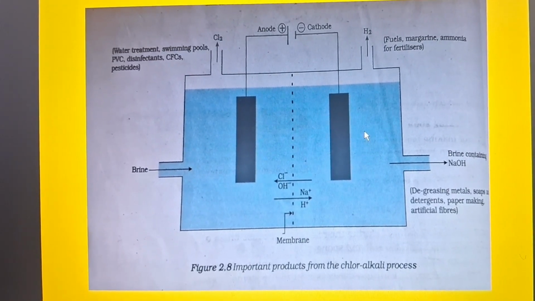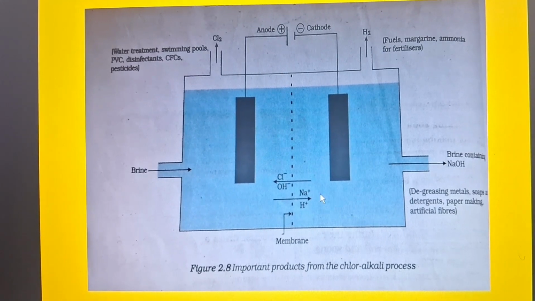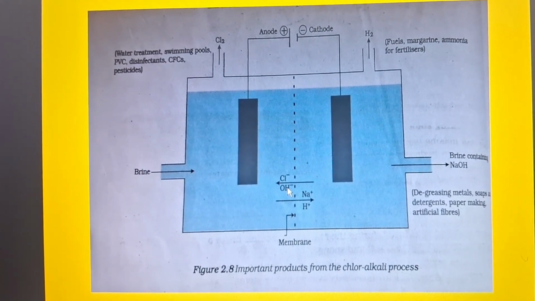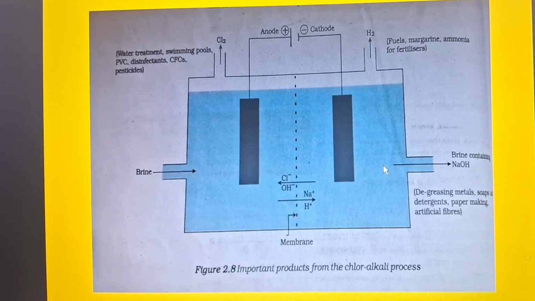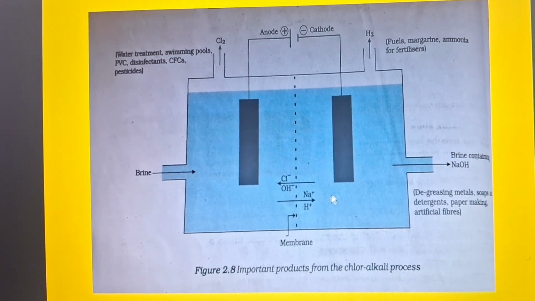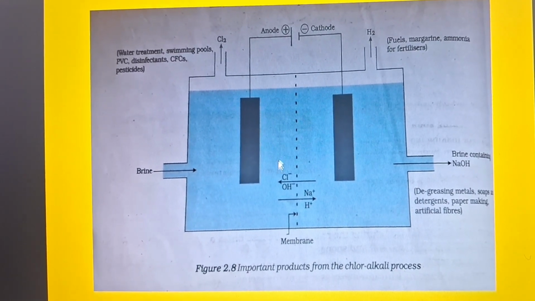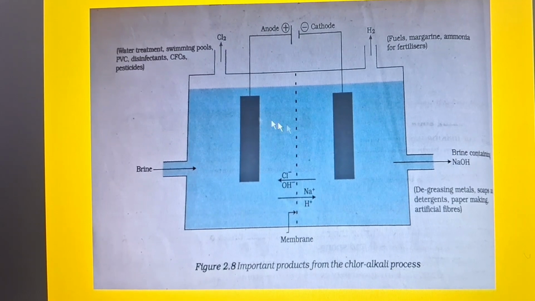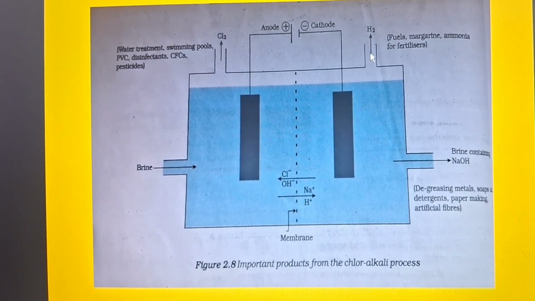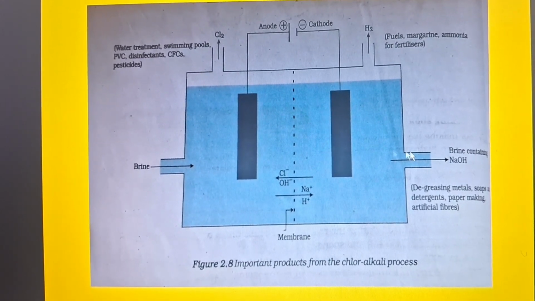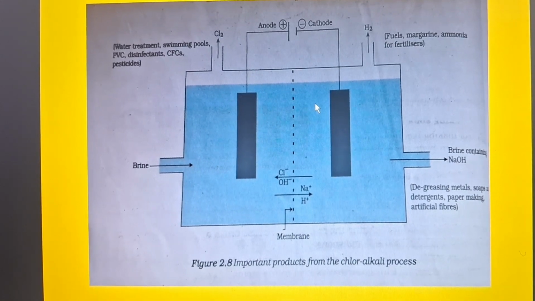So in the end you get the formation of sodium hydroxide. Na plus reacts with OH minus to form NaOH. Sodium hydroxide is formed. Along with it, you can see the byproducts formed: chlorine gas Cl2 and hydrogen gas H2. This is known as the chlor-alkali process.